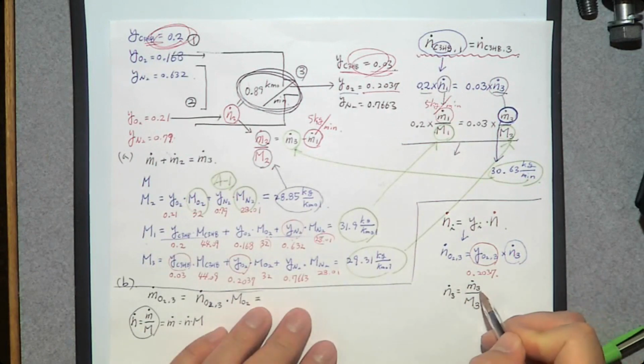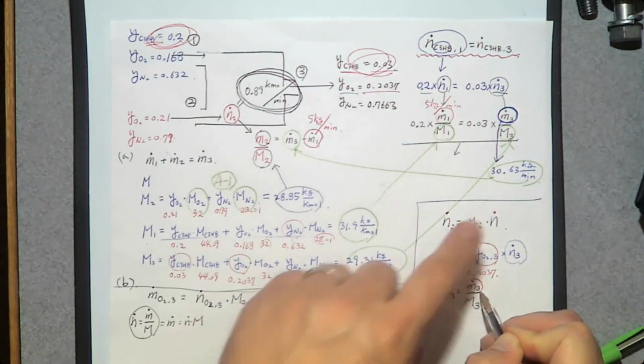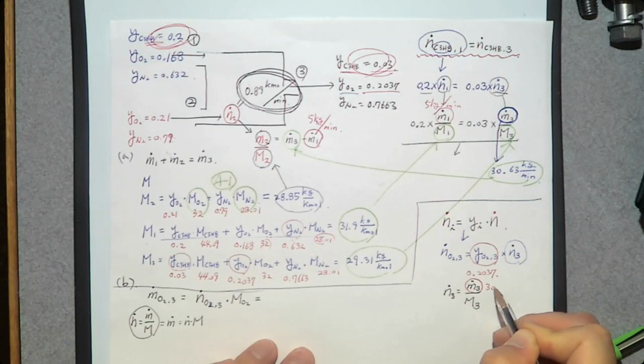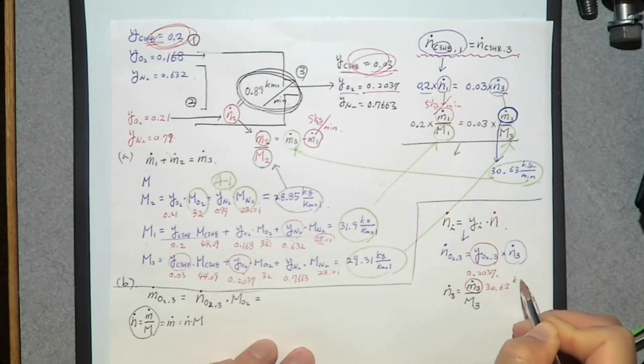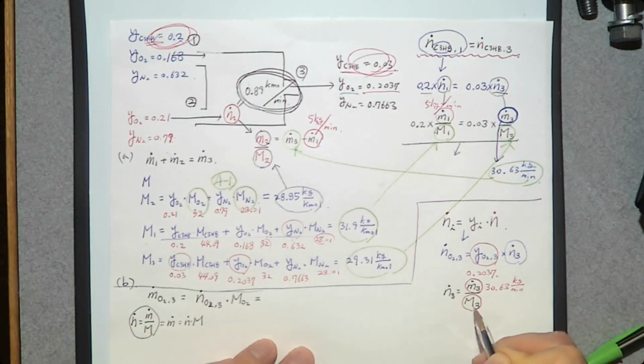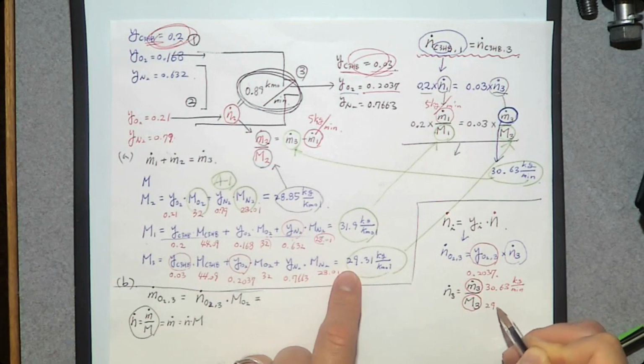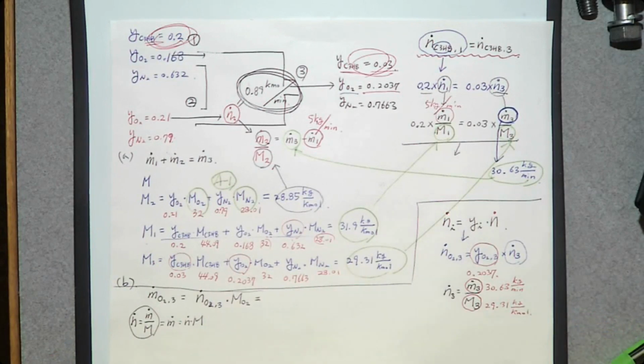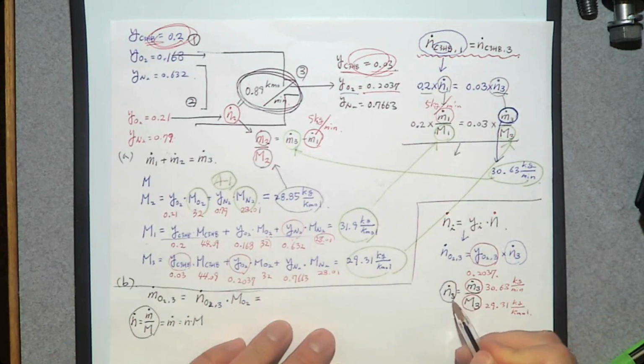Then we already determined M dot number 3 from here, 30.63 kilogram per minute. And we know the molecular weight at the exit number 3, which is 29.31 kilogram per kilomole. Then we can determine N dot number 3, this one.